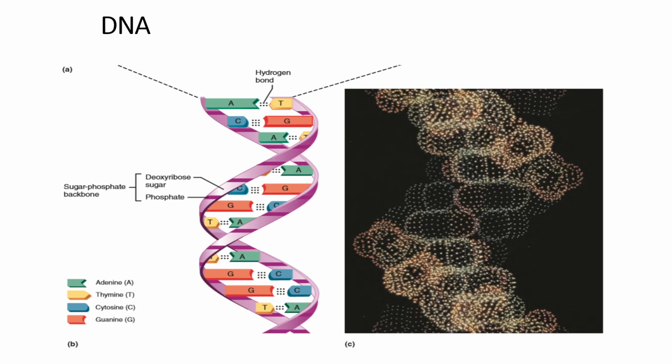So ito nga yung double helix. Okay, so yan yung itsura ng DNA. As you can see, pinapakita dyan yung part. Alin ba yung part ng deoxyribose sugar?